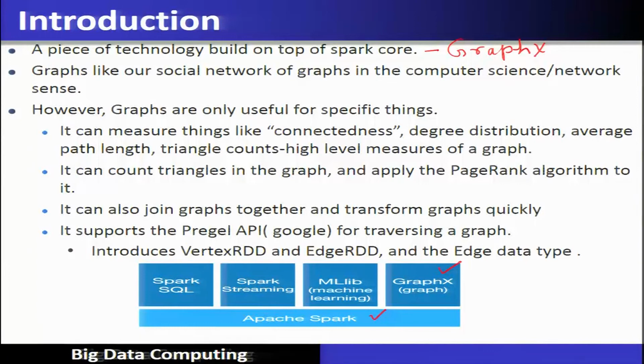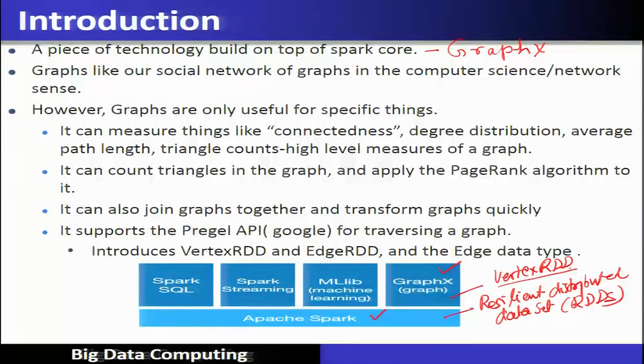So, as you know, Spark supports the data type which is called a resilient distributed data set, that is called RDDs. Now, this particular RDD will use the vertex RDDs.